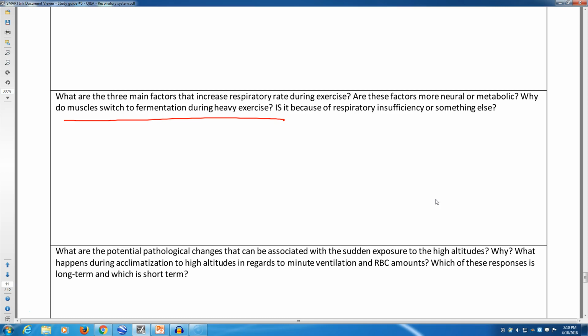And what else noticeably changes? The ventilation rate, yes. Basically, your alveolar ventilation will increase. That's short term. Long term, what increases? Red blood cells. Okay, clear?